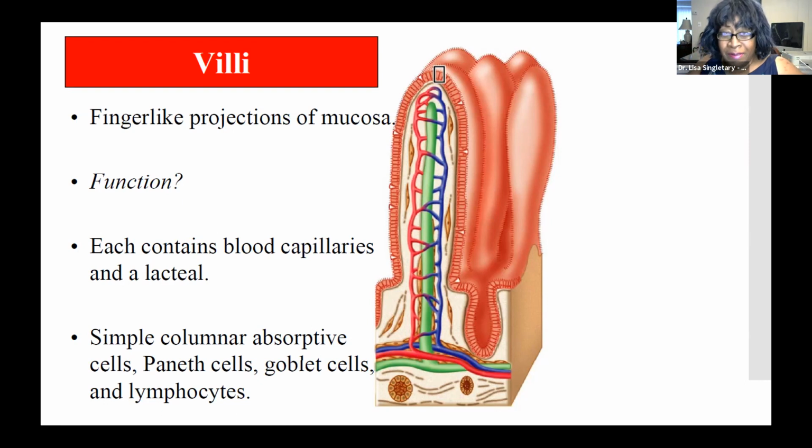But what happens is you eat fettuccine Alfredo, which has a lot of fat that's absorbed directly into the lacteal, and the lacteal carries it back to your main circulation, dumping in up near your neck, and it can cause a fatty embolus.